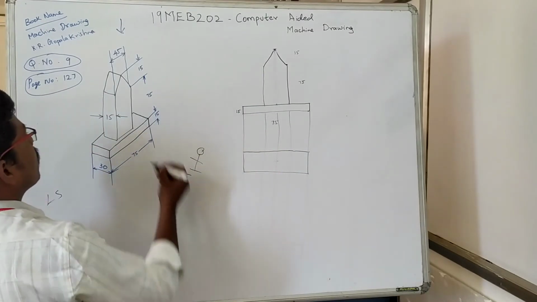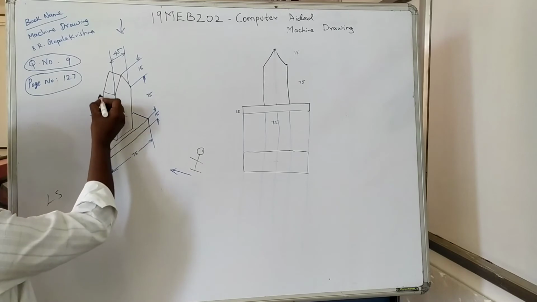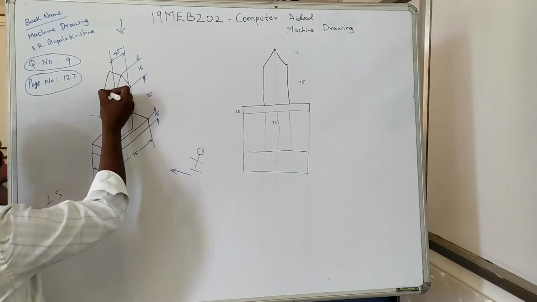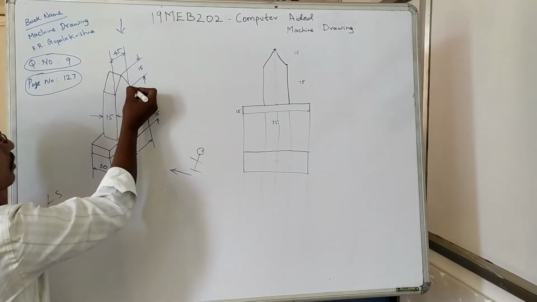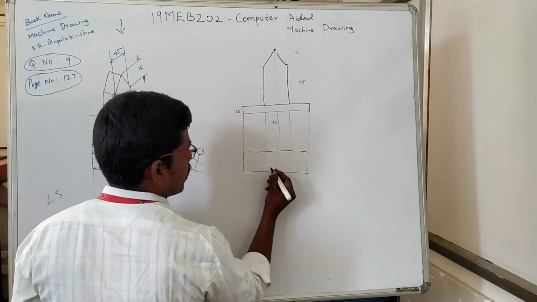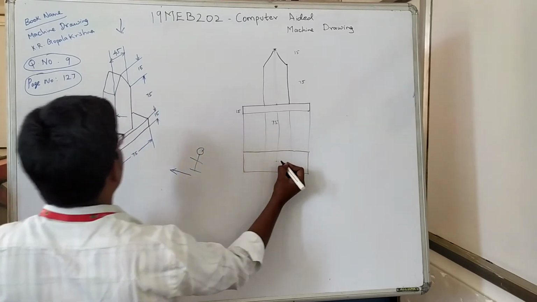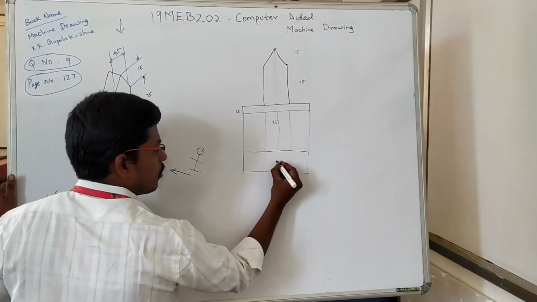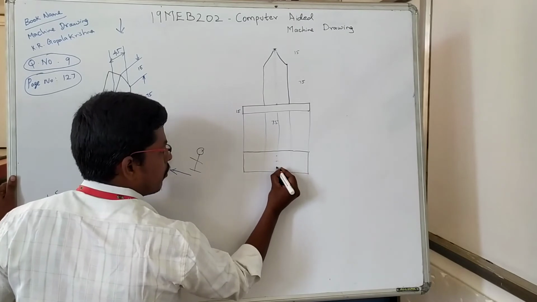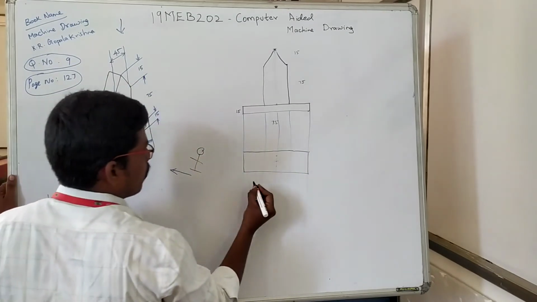Okay. So I am coming to this 15 millimeter, the thickness, and from here to here this is 45 millimeter. So I can take this 45 millimeter from here. So I am marking this point to 15 millimeter thickness. So 7.5, 7.5. This is a straight line.